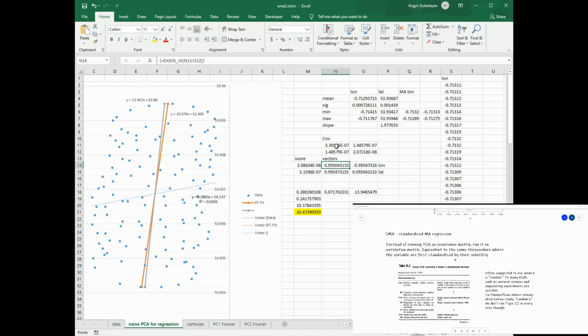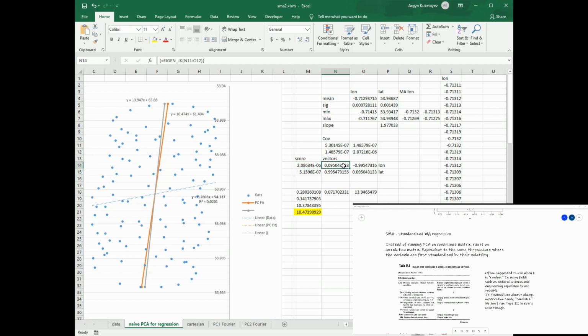Once you have the covariance matrix, we can run a straight PCA, and in Excel I'm using this function called eigenjk. In the module on PCA, you have a reference to this function, but all it does is calculate the principal component vectors here, and then it calculates explained variance, and I'm not that interested in explained variance.